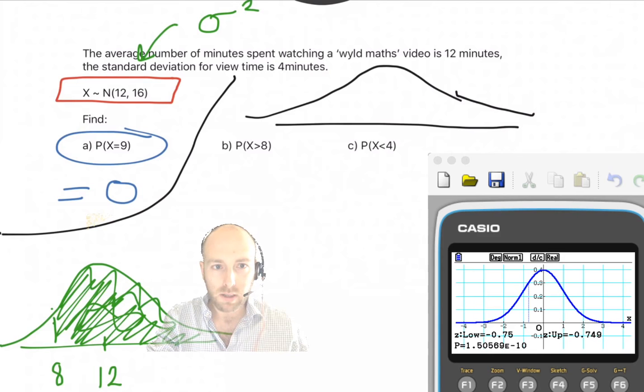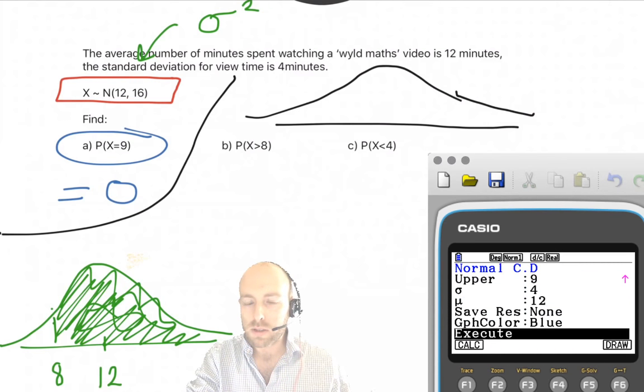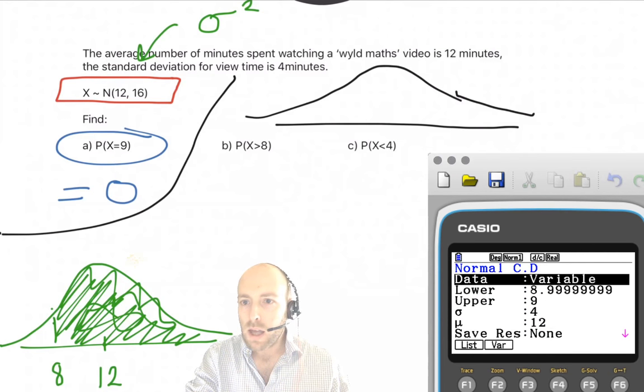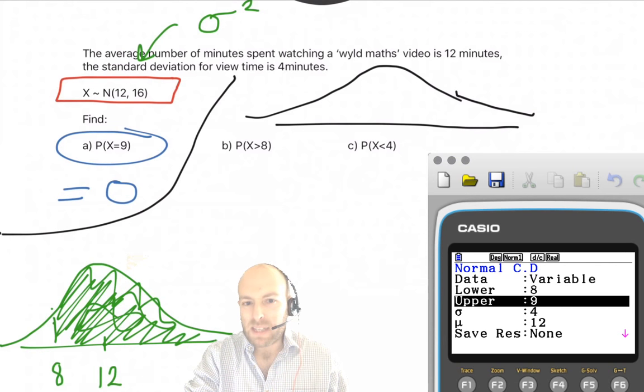So let's give it a go on the calculator. You can do this on the graphical or on the ClassWiz. I'm going to use graphical just because you can see the sketch, which is quite nice. So I'm going to go back. We've got the same data as before, so we want greater than 8 this time. So 8 is going to be my lowest value. My upper value, just put in something big, so let's go for 3000.